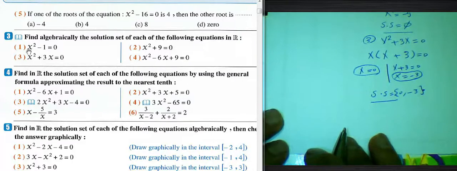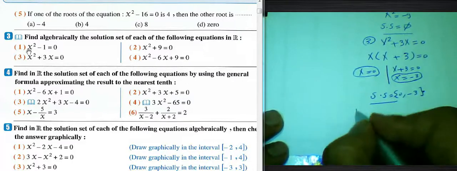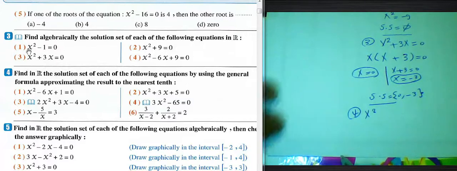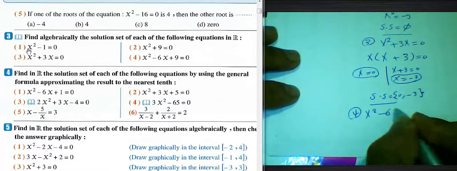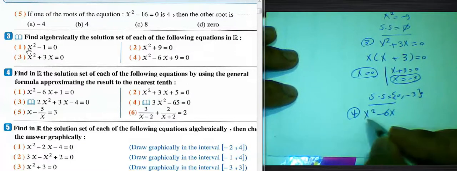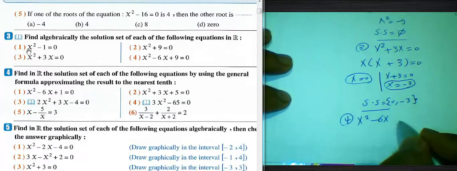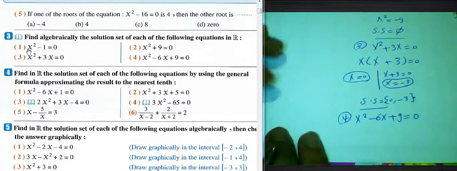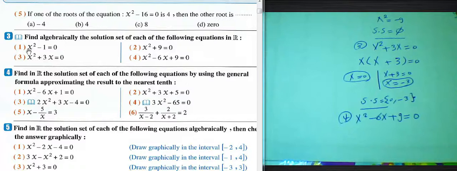Question number 4. x power 2 minus 6x plus 9 equals 0. Can we factorize it or not? Look at this.